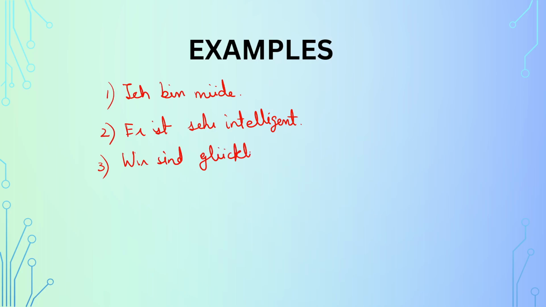We are happy. Let's take an example with ihr. Ihr seid Geschwister. You are siblings. So here in all these examples, sein is used as the main verb and conjugated in the present tense.